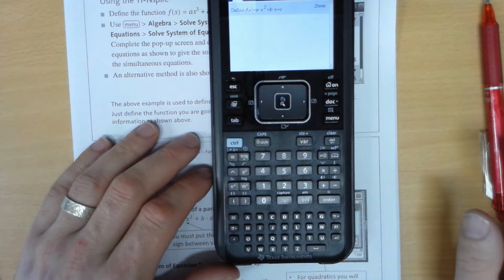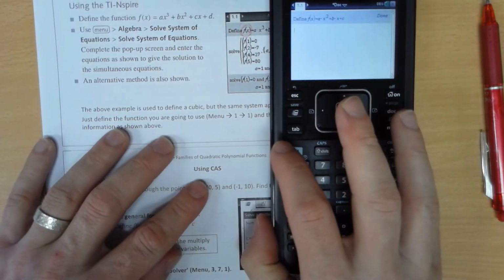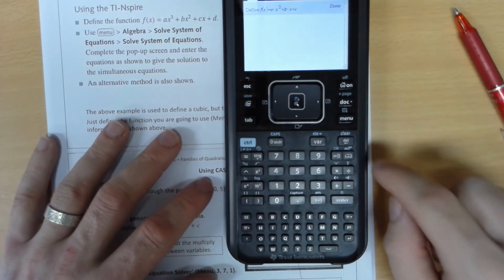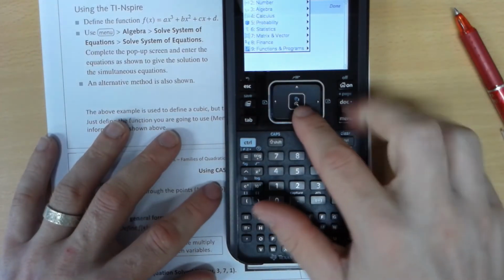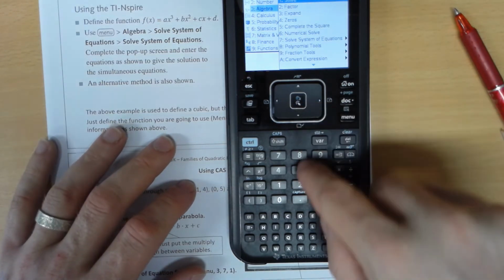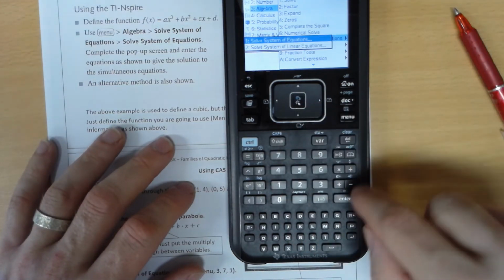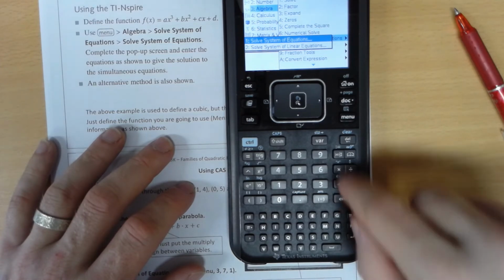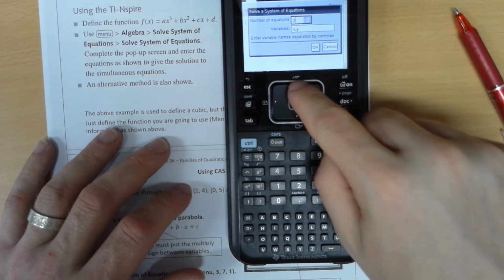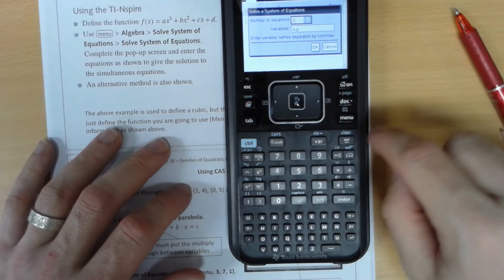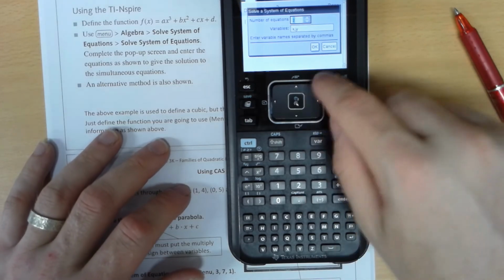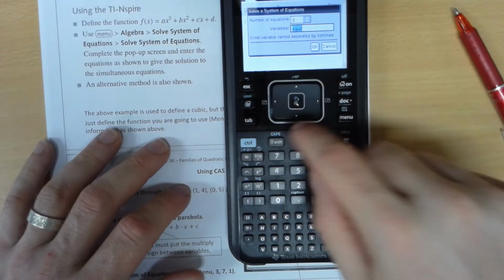Okay, that's defined. Now we can use menu 17, I believe it is. So we go menu, no, it's 3 for algebra, and then 7 to solve a system of equations, solve, and we don't use 2 because that's only for linear. So number of equations, we're going to have 3, and this is, go up, tab to go to the next one.